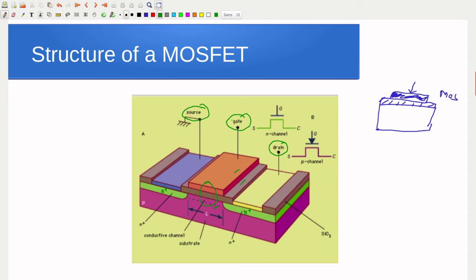So we are having three terminals similar to BJT where we had emitter, base and collector. In case of MOSFET, we will have source, gate and drain. This figure shows you the three-dimensional structure of a MOSFET.